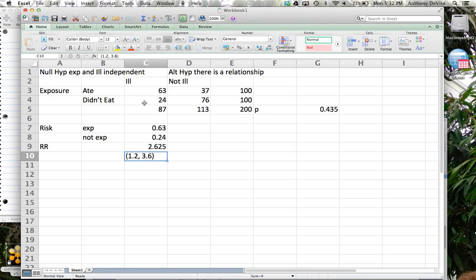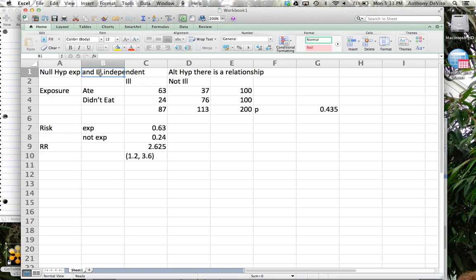Since the two values being independent represents a relative risk of one, what we're saying is that with that confidence interval, we're 95% certain that it's not one. It's between 1.2 and 3.6, which means it's also not one, right?